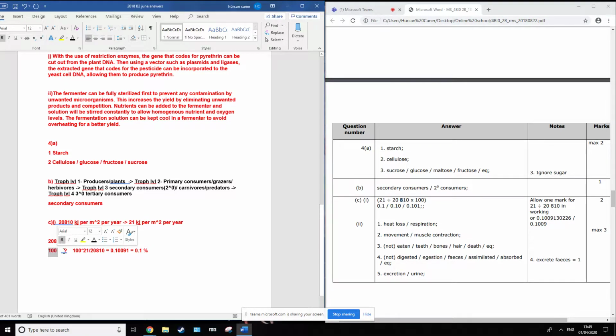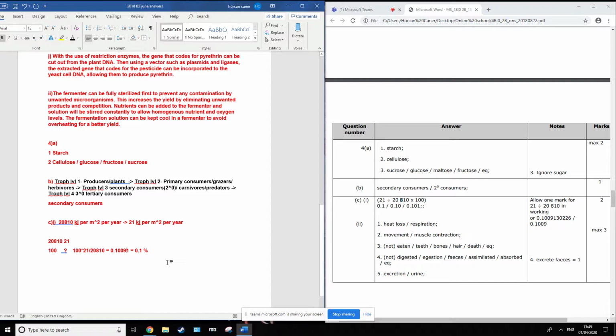You put them like this. We put a question mark on the place we don't know. These are underneath each other, aren't they? 20,000 and 100. But these are sideways, so the ones that are sideways are crossed together. We multiply 21 and 100, and then we divide it by 20,000. Then we get our answer, which is 0.1%.